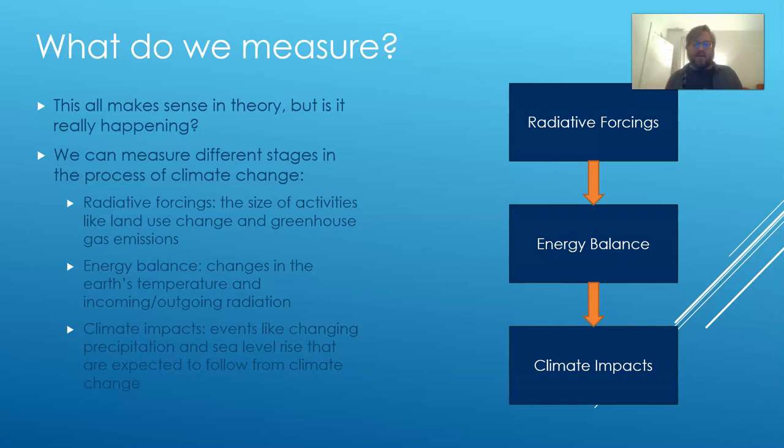And then if our Earth's energy balance changes and our temperature changes, then that's going to have various sorts of impacts. That's going to alter various things that are happening on the Earth. And so we can measure those climate impacts to see what kind of changes are being caused by climate change. Those are things like changing sea levels, changing storm systems, etc.